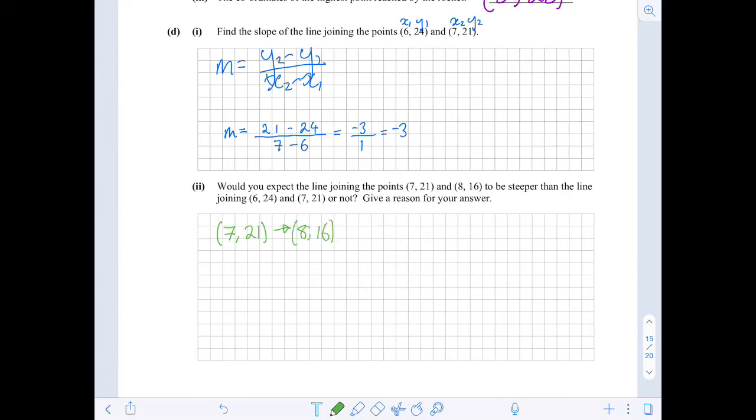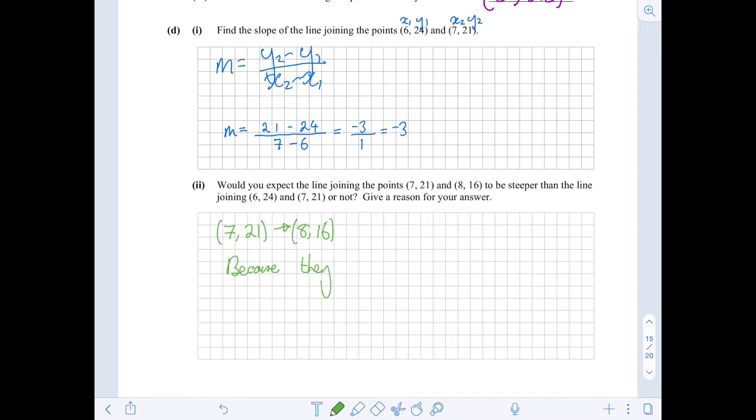We're going to choose those two, the line joining these 2 points, because they both run the same amount.